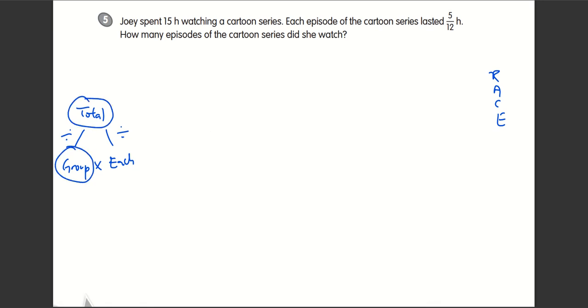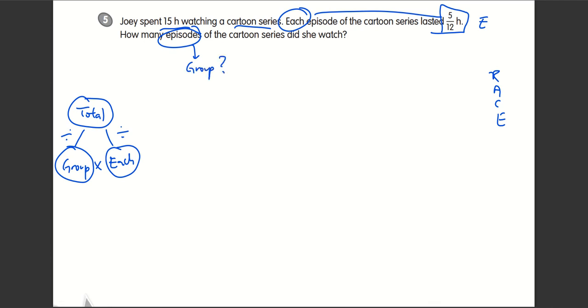Relationship. So I have Joey spending 15 hours to watch a cartoon series. Each is written here. It lasted 5/12 hours. So this tells you it's each. How many episodes? The episode refers to the group. How many episodes is he watching? Again, this question is very similar to the previous one. 15 hours watching all of the series, so that would be the total.